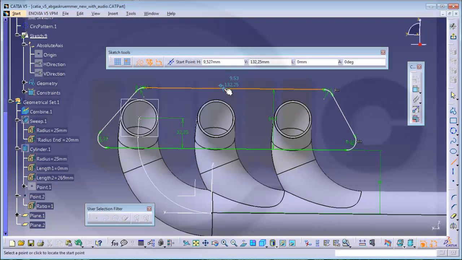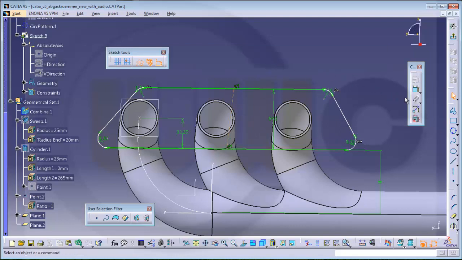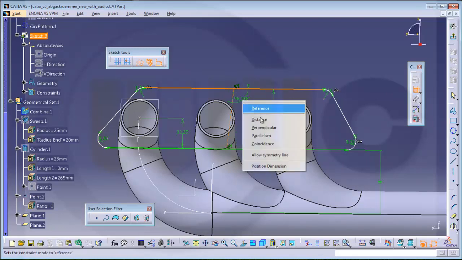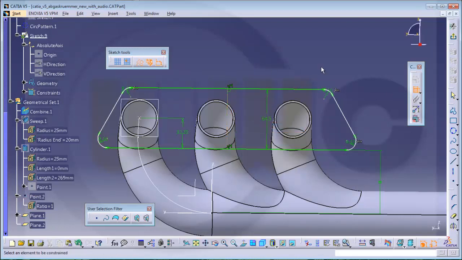Let's go for the center point right here, and the other one is right here. Make it perpendicular, and the distance between this one and that point, and there's another distance between this one and that one.